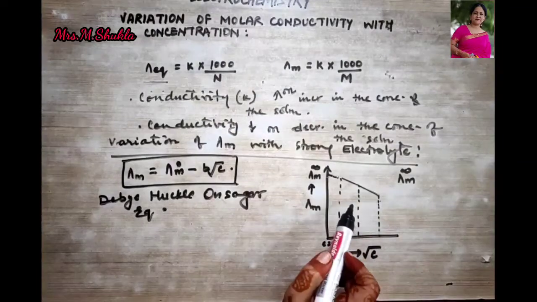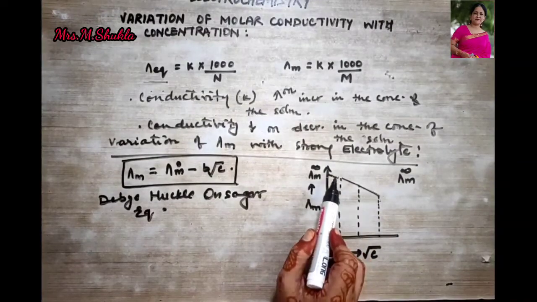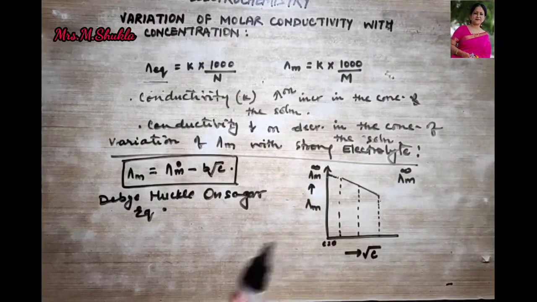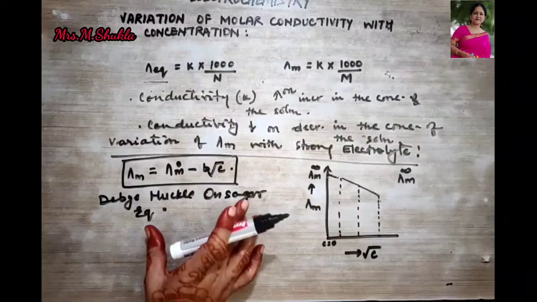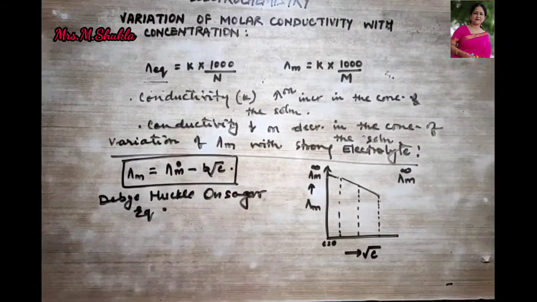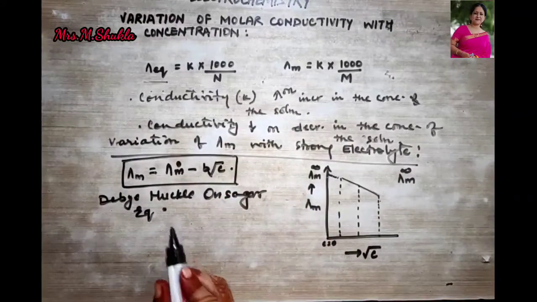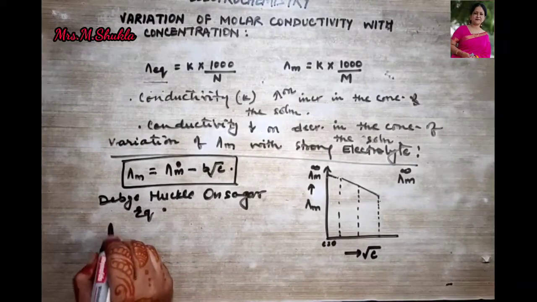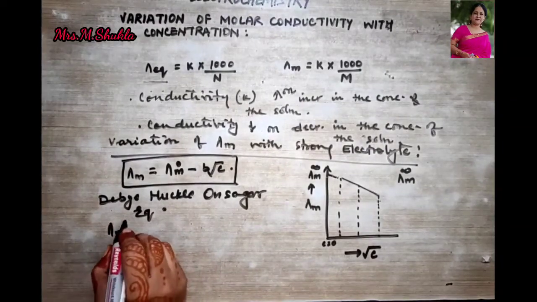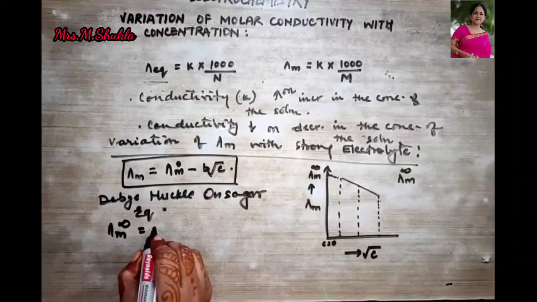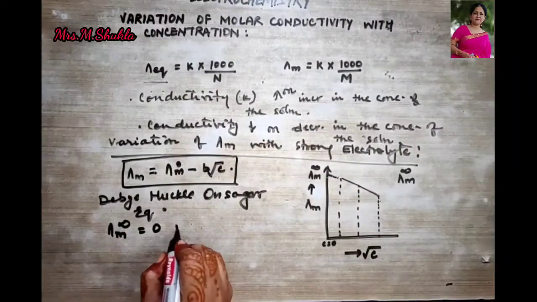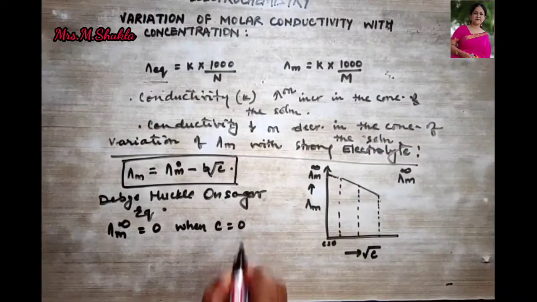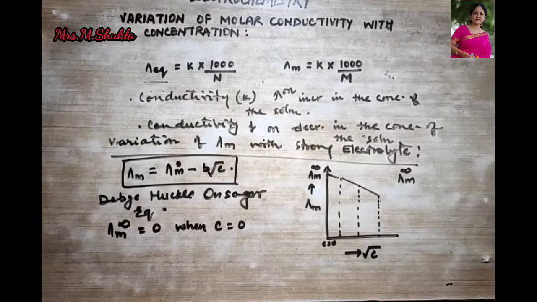So here we find maximum conductivity. So what we say over here is that the molar conductivity at infinite dilution is obtained when your concentration was equal to 0.